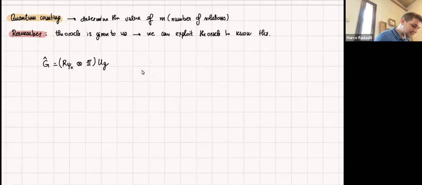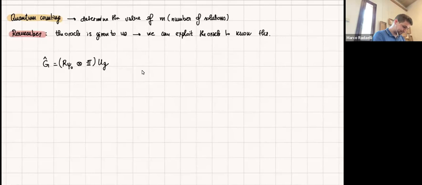They only depend on the psi naught, which is just the uniform superposition of all the possible states, and on the oracle. The oracle encodes the number of solutions in it, but we don't need to access the number of solutions in order to use the oracle. Why do we need to know the number of solutions? Because we want to be able to perform the Grover iterator the appropriate number of times.